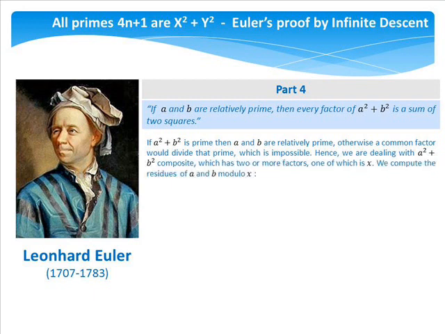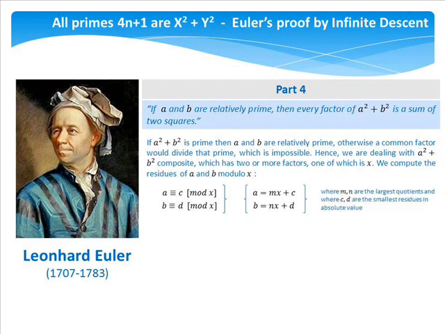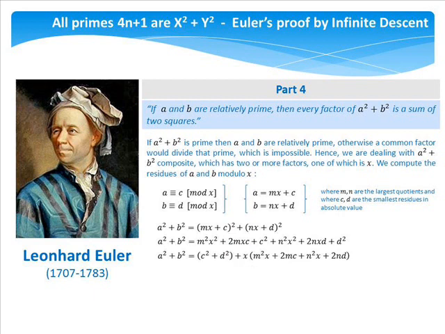We compute the residues of a and b modulo x, giving residues c and d respectively. We can express a as m times x plus c and b as n times x plus d, where m and n are the largest quotients, and c and d are the smallest residues in absolute value. Next, we substitute these linear forms into a squared plus b squared and group the terms that are divisible by x.